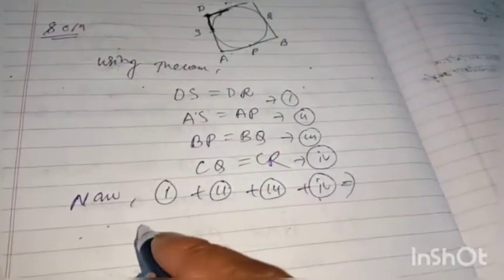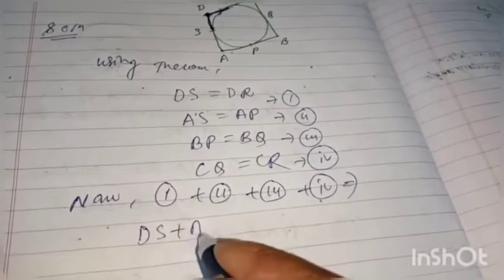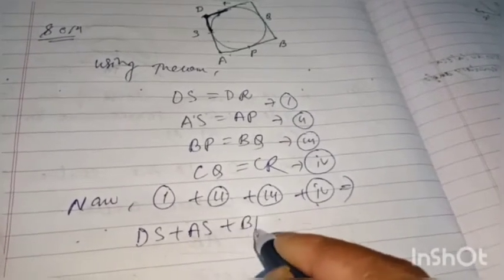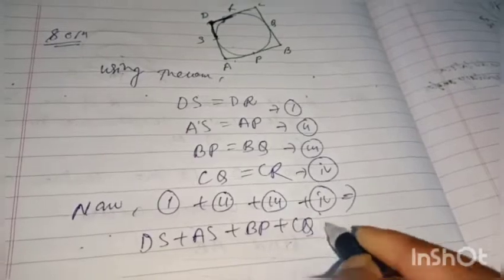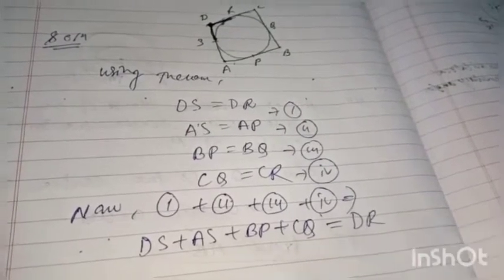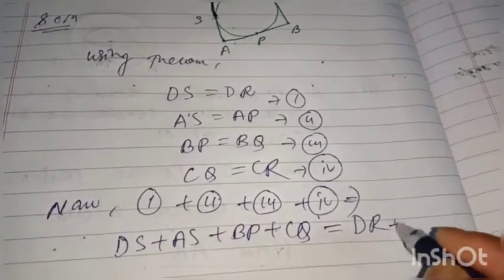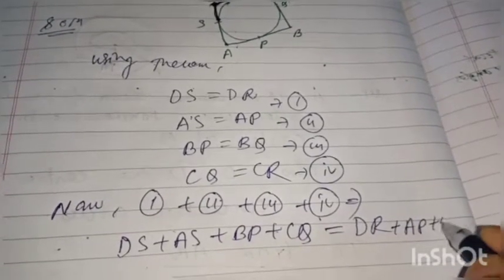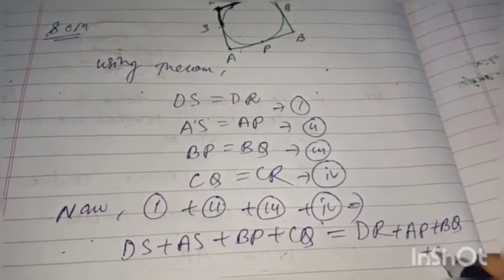Now the left hand side: DS, AS, BP, CQ. On the right hand side: DR plus AP plus BQ plus CR. Now you have to see the pairs that will give you AB and CD.